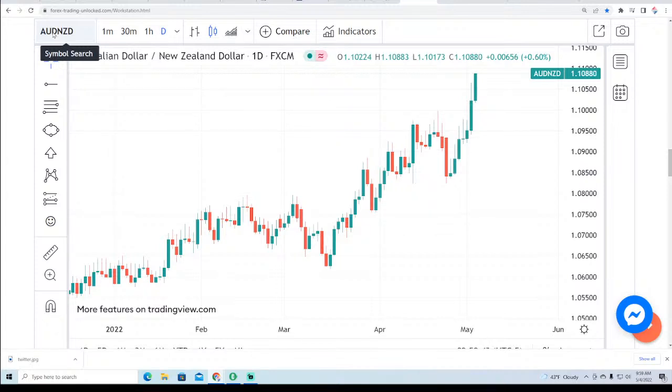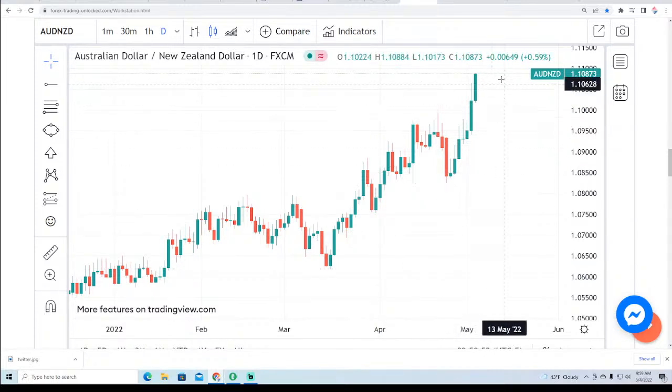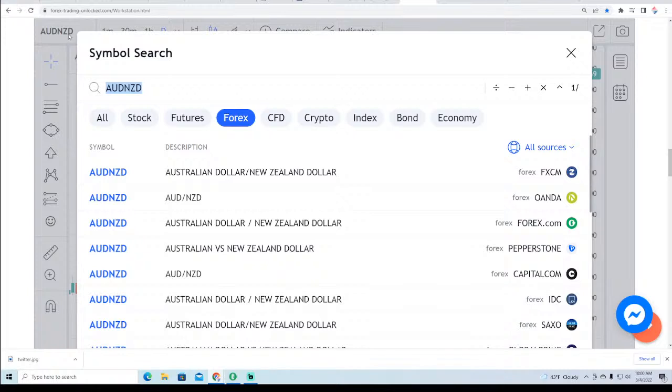I mean, look at how much, this is a big move. From just the middle of March to the beginning of May, we went from 106 to above 110. $4 rally. You don't see these kinds of moves in the difference between the Australian dollar and the New Zealand dollar. I mean, you see trends, you get price swings, but right now you have an explosion in momentum.